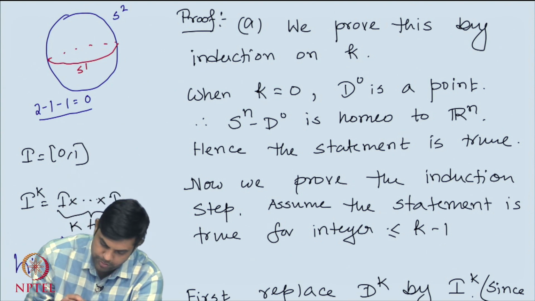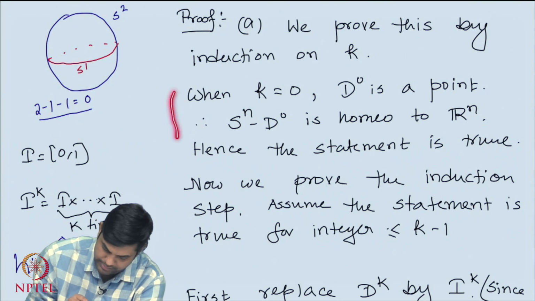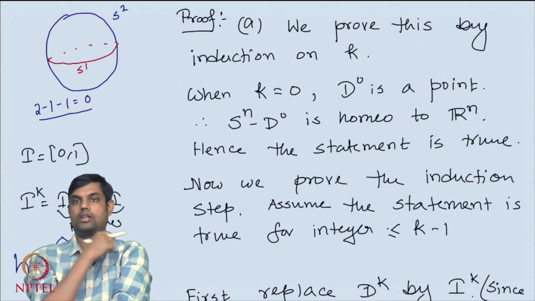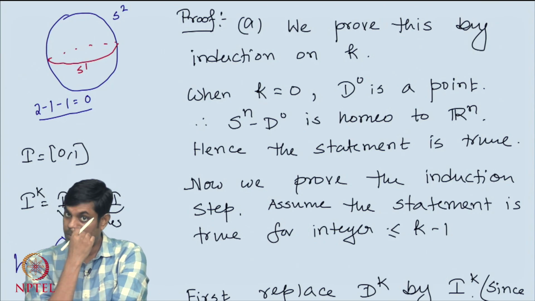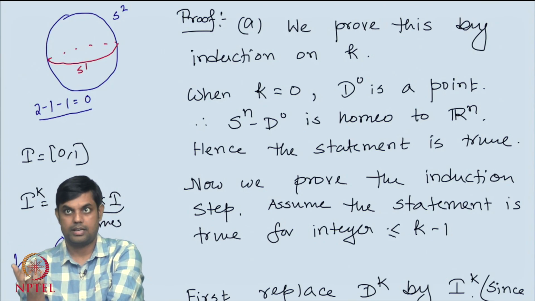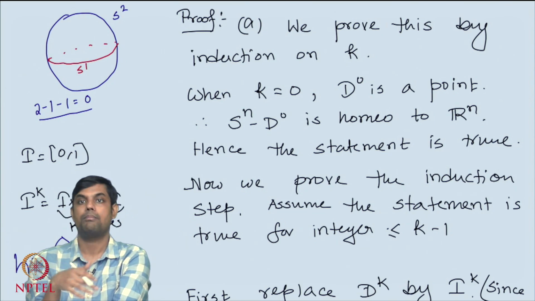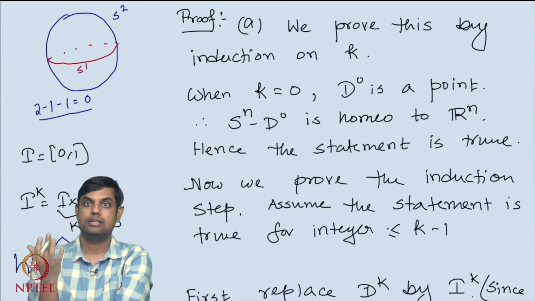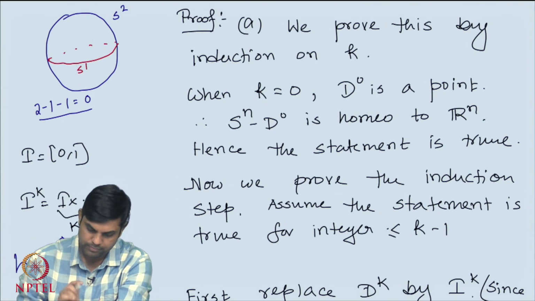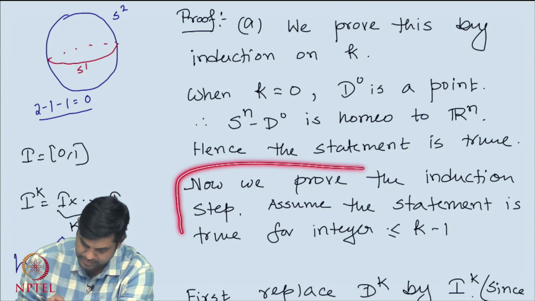So, therefore, if k is equal to 0, this result is true because R^n is acyclic. We want to prove the complement of a disk inside a sphere is always acyclic, and R^n is always acyclic. So, if D is just a point, the complement of the point on a sphere is homeomorphic to R^n, which is acyclic. So, I am done. Now, I want to prove it by induction.